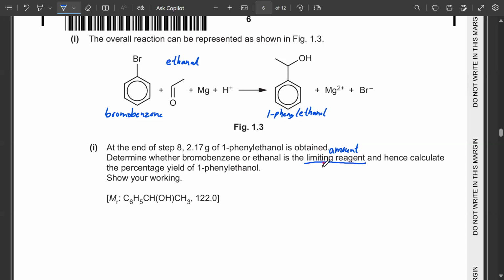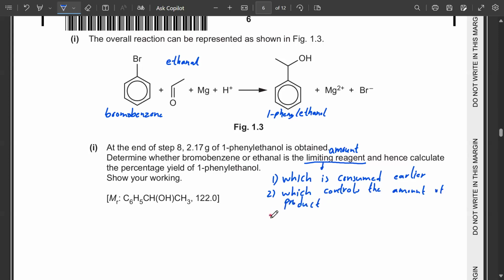The definition, I will just write down the definition, because this will help you. A limiting reagent is the one which is consumed earlier. Number two, which controls the amount of product.